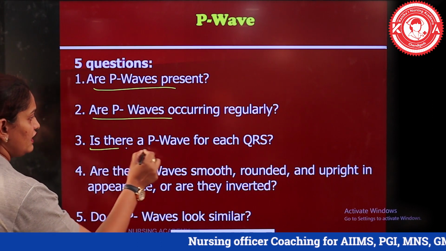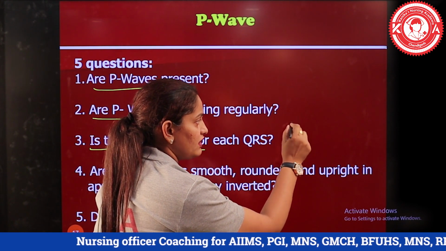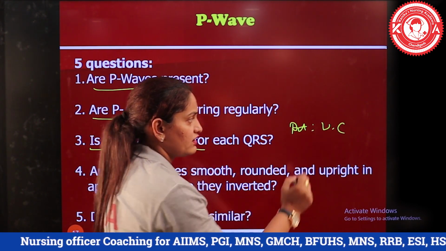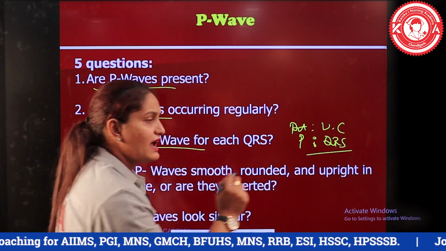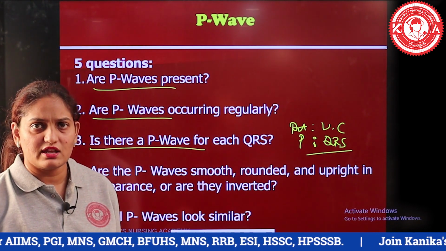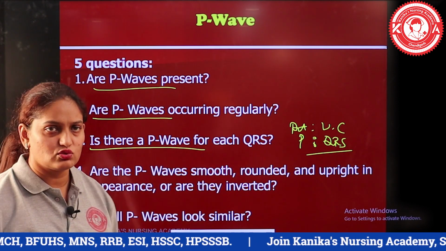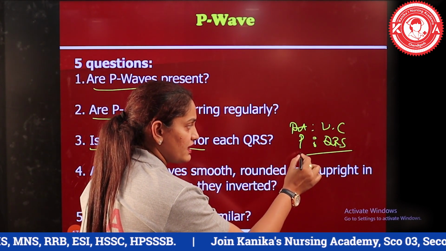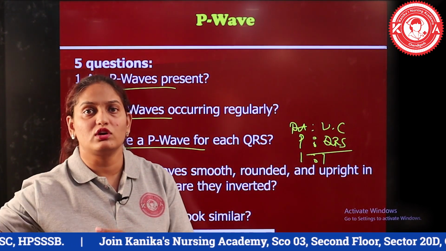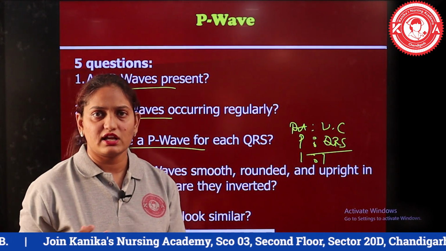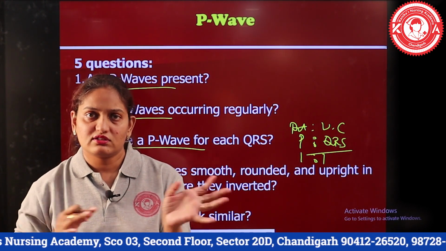Then we generally assess the ECG rhythm in terms of atrial versus ventricular contractions, that is, the P to QRS ratio is measured. If the ECG of the patient is normal, there is a P for every QRS: once there is an atrial contraction, after that there is a ventricular contraction, then again an atrial contraction, then ventricular contraction, and so on.